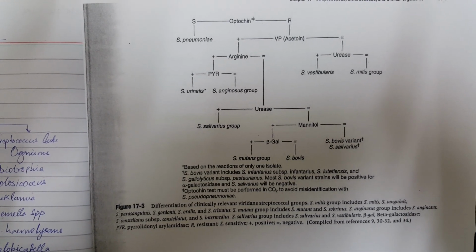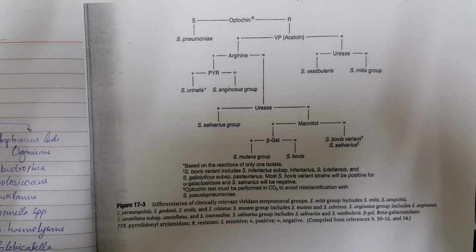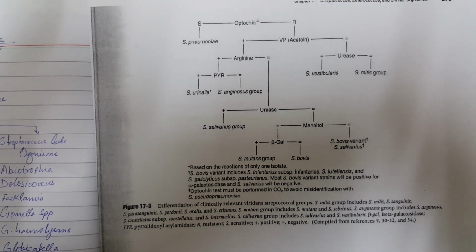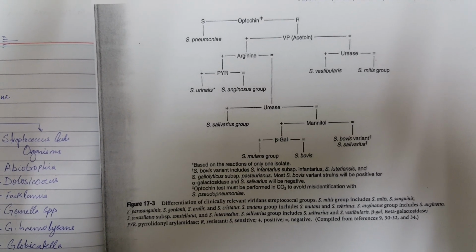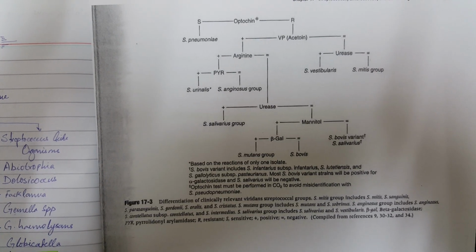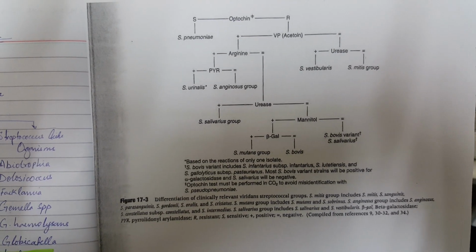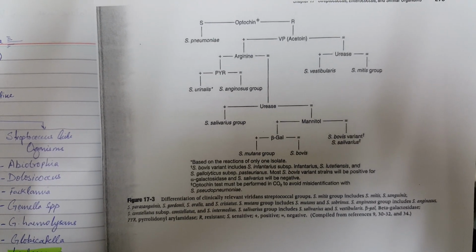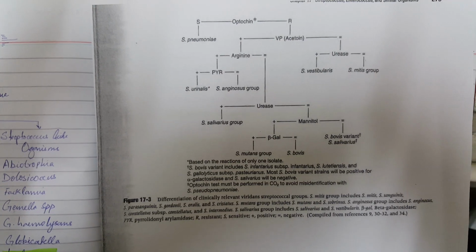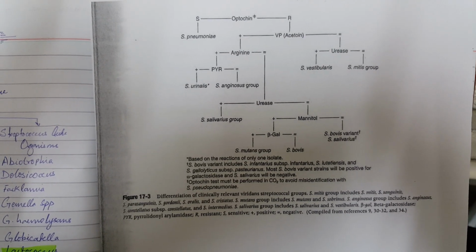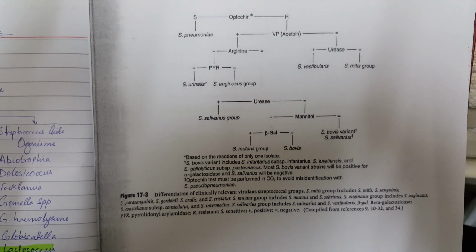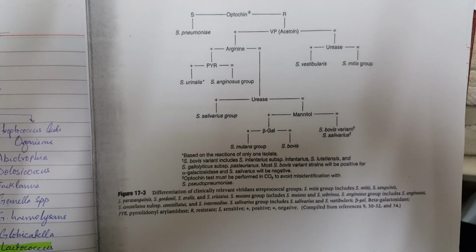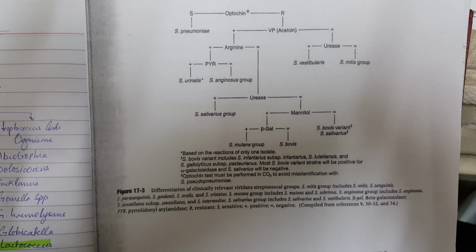If arginine is positive, then PYR. If the PYR, arginine, and VP are positive but optochin resistant, Streptococcus urinalis is the suspected organism. If the arginine and VP are positive and optochin resistant and PYR negative, that is the S. anginosus group, which is VP positive, as we explained previously.